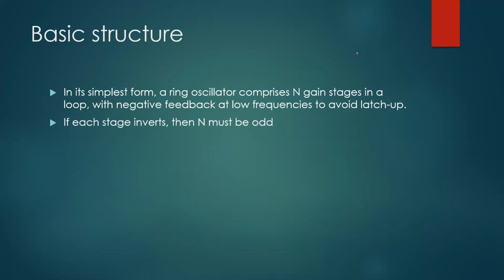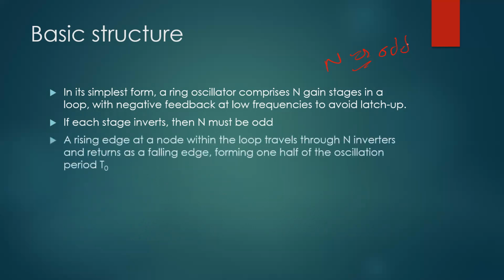If each stage inverts, the number of gain stages n is odd. A rising edge at a node within the loop travels through n inverters and returns as a falling edge, forming one half of the oscillation period T0.